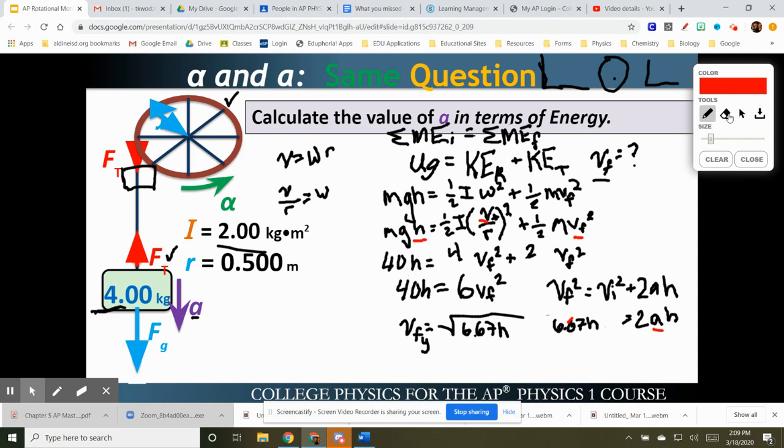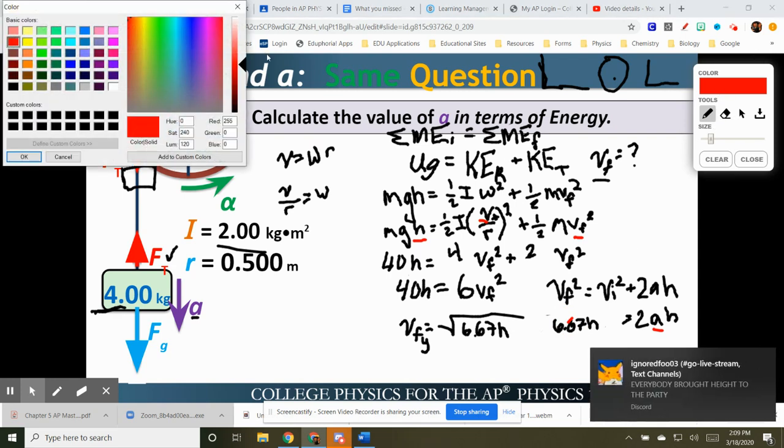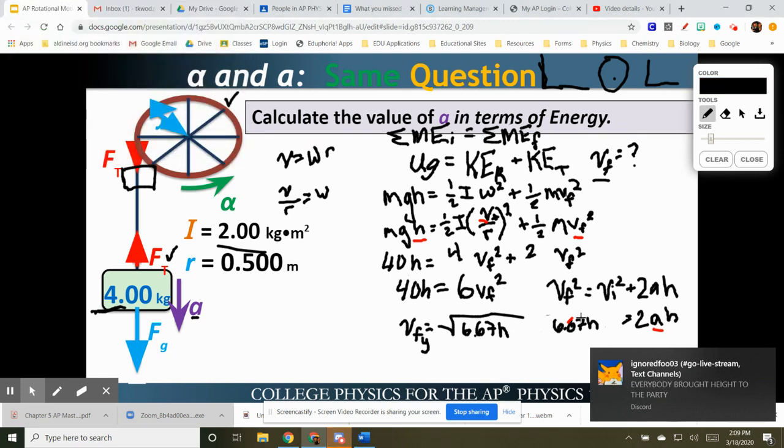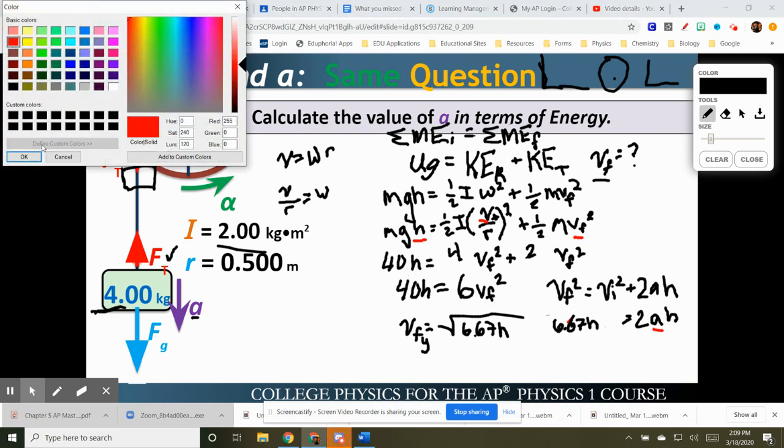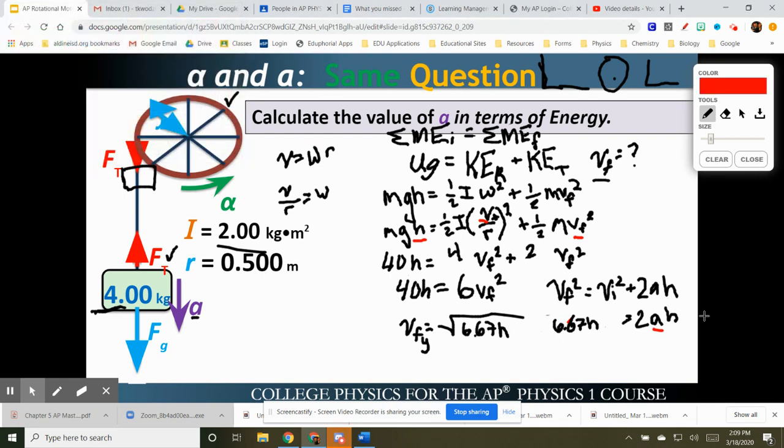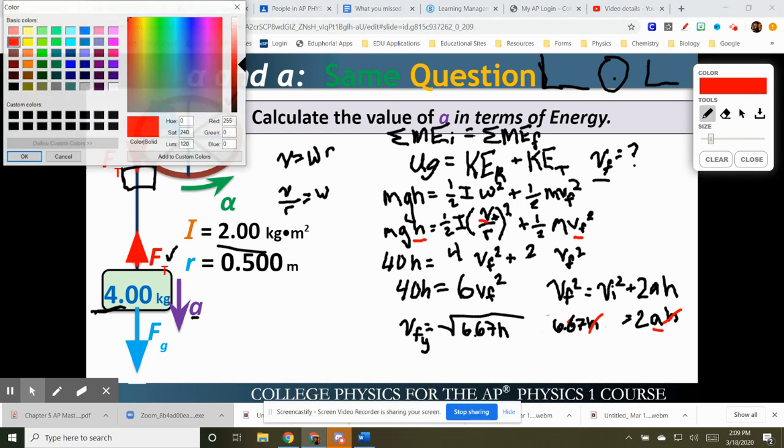Okay, but that's not the exciting part. Everybody brought height to the party. Such nerds. Yeah, so the height doesn't matter. Isn't that crazy? And look, we're there. And guess what the answer is? Jayla, you went away.